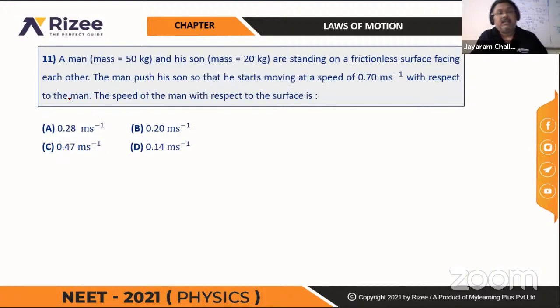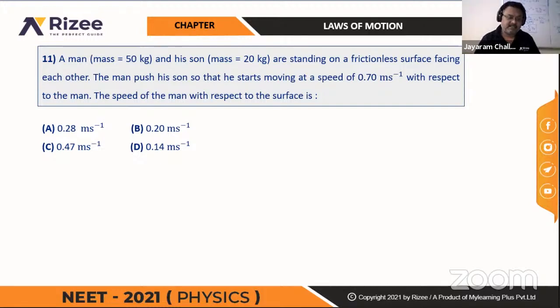Next one. A man and a son, mass of each, both are weighing something. Masses are 50 kgs and 20 kgs, standing on a frictionless surface facing each other. The man pushes his son so that he starts moving at a speed of 0.7 meter per second with respect to the man.